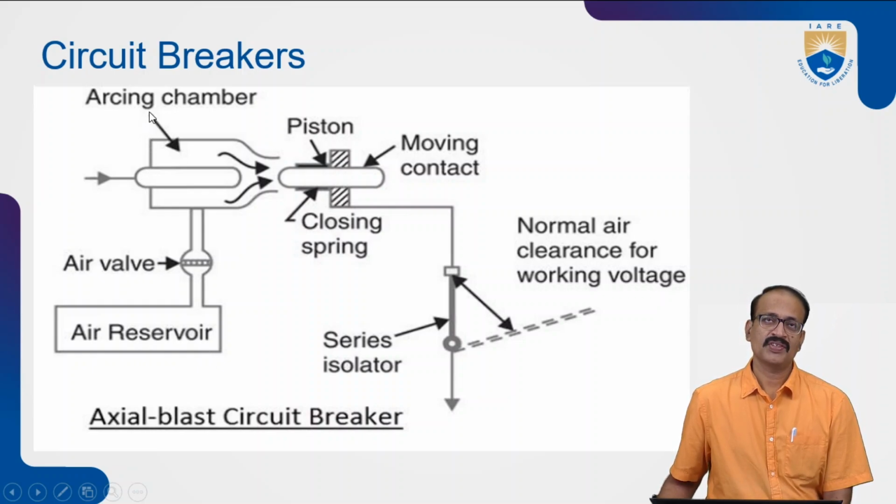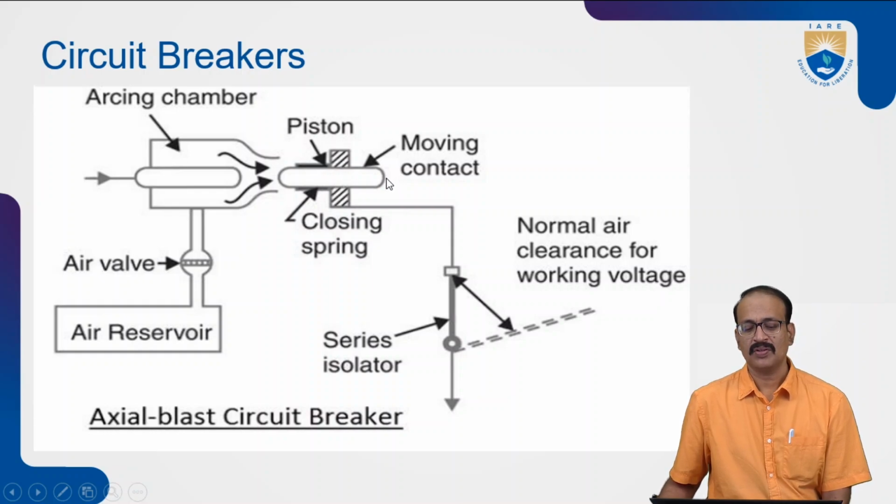Here you can observe the arcing chamber. You can observe the piston, the closing spring, and the moving contact. So the circuit breaker will have two contacts, one fixed and another movable.